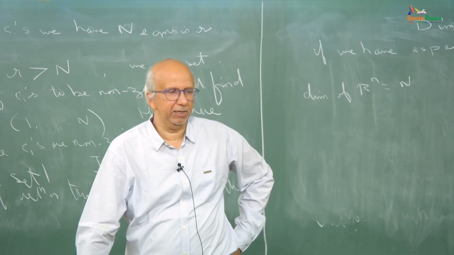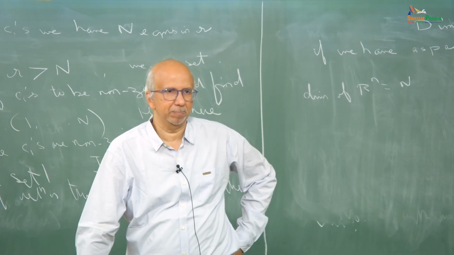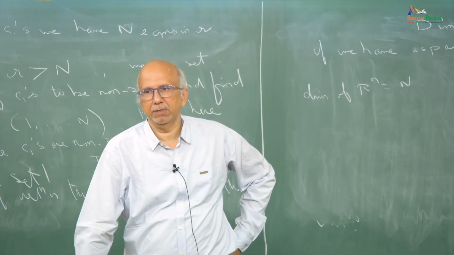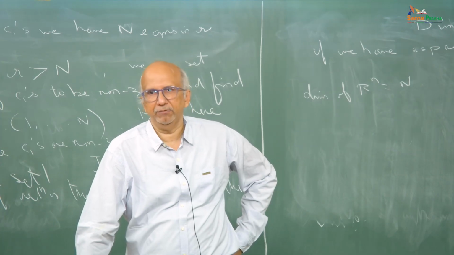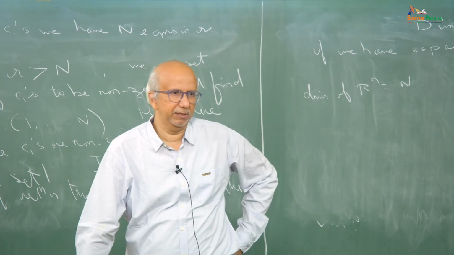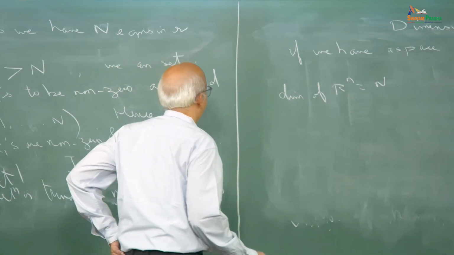So, the dimension of a vector space is the maximum number of independent vectors, linearly independent vectors that you can have in that space. Okay. This is the formal definition.